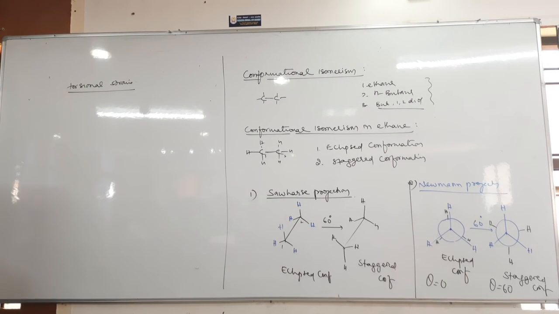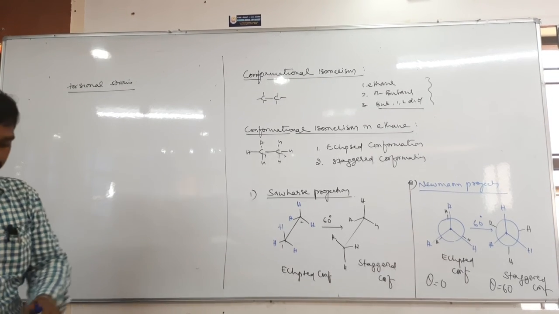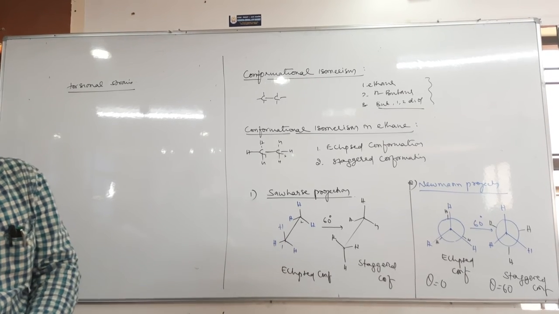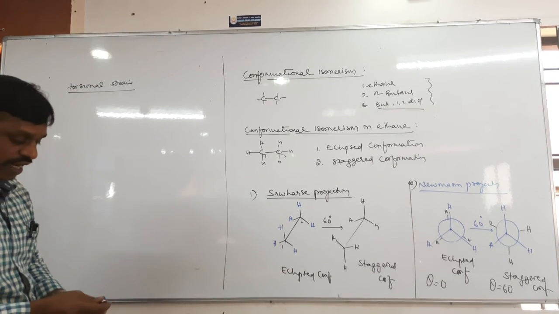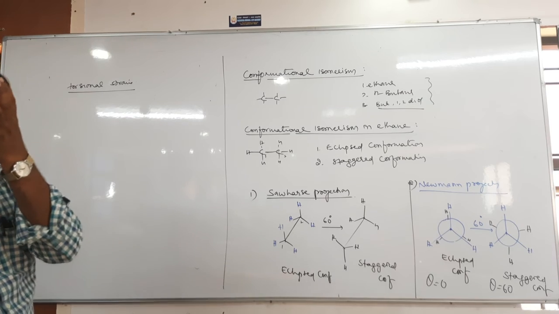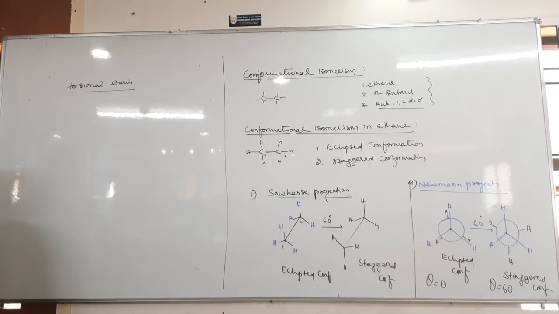Next, the angle between two hydrogen atoms of adjacent carbons is called which angle? Dihedral angle or torsional angle. The dihedral angle in eclipsed conformation is 0, and in staggered conformation is 60.